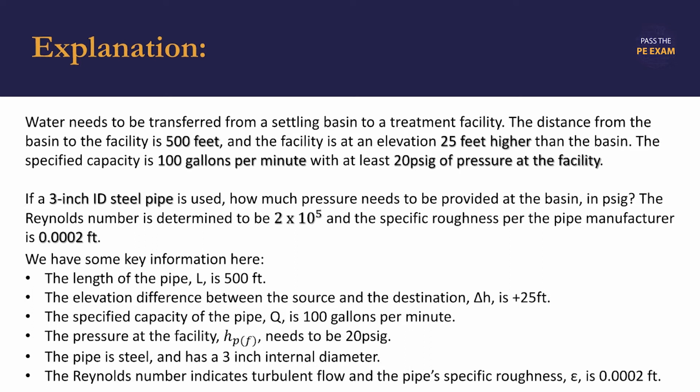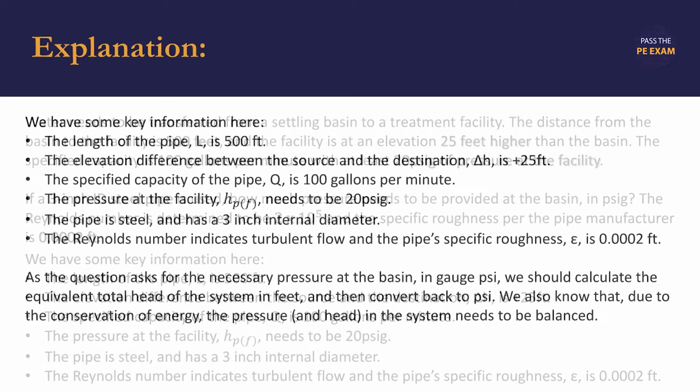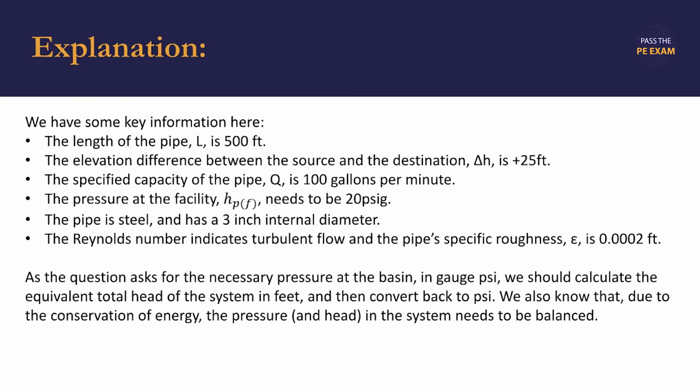So the question asks for the necessary pressure at the basin in gauge PSI, and we should calculate the equivalent total head of the system in feet and then convert it back to PSI. We know that due to the conservation of energy, the pressure and the head in the system need to be balanced. So we can set up an equation to reflect this.